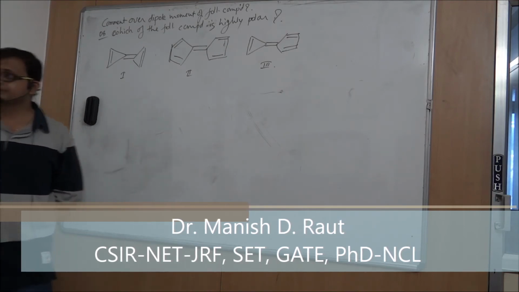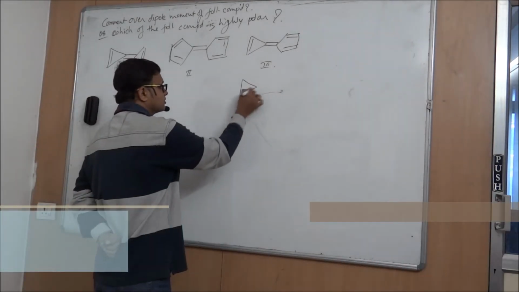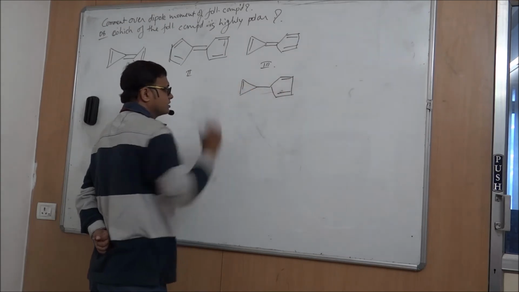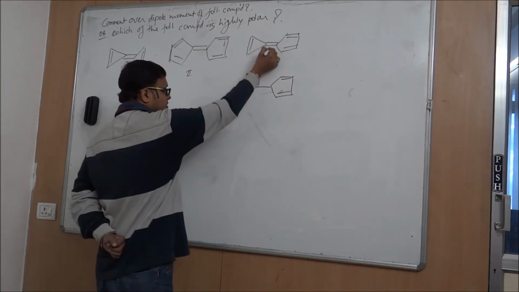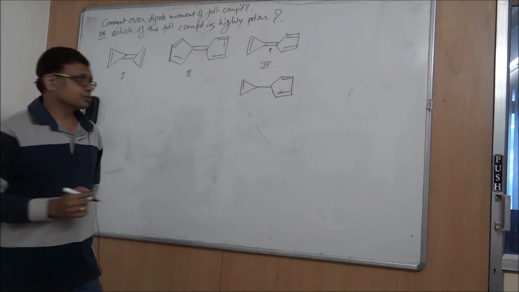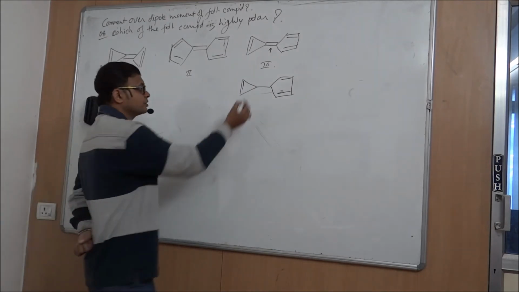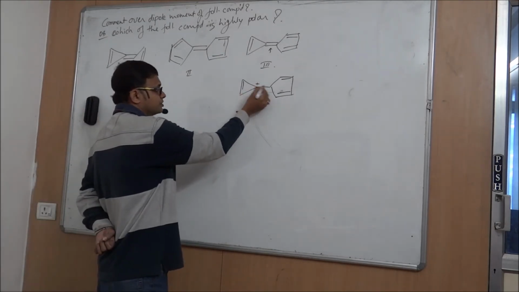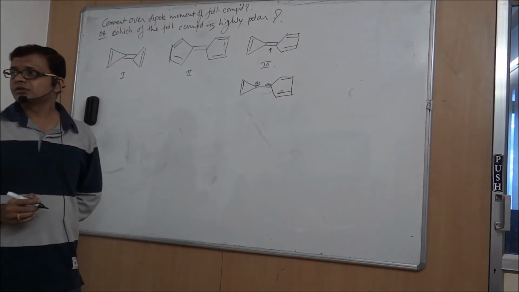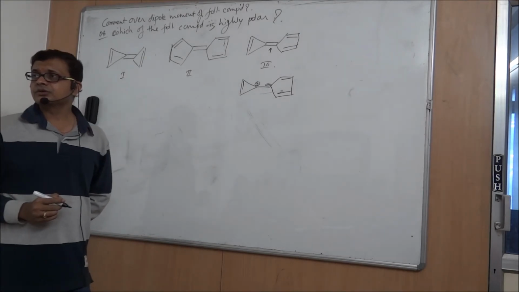Yes, the third one is more polar. Polarity towards what? It means where is the positive charge and where is the negative charge. If you are talking about this double bond, here positive charge or negative charge? Positive charge. Here negative charge. Yes or no?